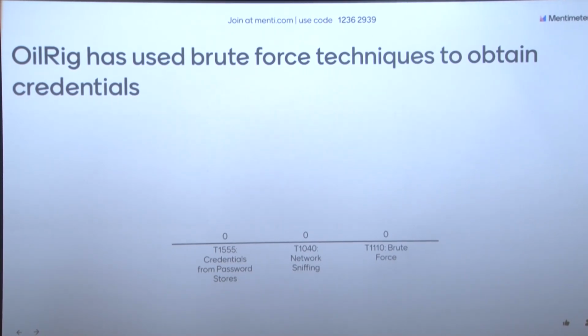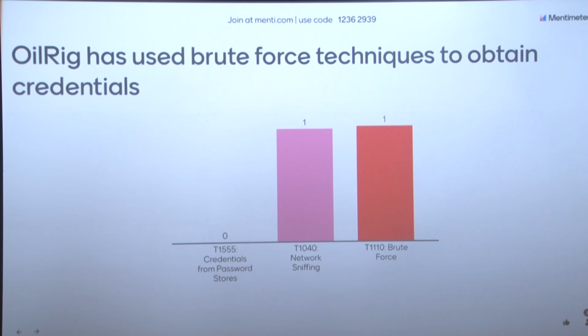Now, the next question is: OilRig, which is also an APT group, has used a brute force technique to obtain credentials. So this comes under the credential access tactic. The attacker is trying to access credentials using some method mentioned in this statement.